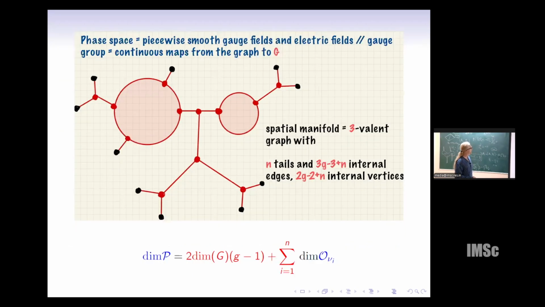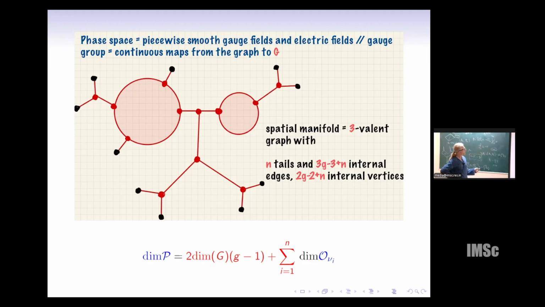Now I want to define my phase space to be the space of piecewise smooth gauge fields. The gauge fields are defined on the one-dimensional components of my graph. Electric fields, which are functions, have to agree at vertices. So if I take a limit from these three sides, then they should agree. And gauge transformations are just continuous maps of the graph to the group.